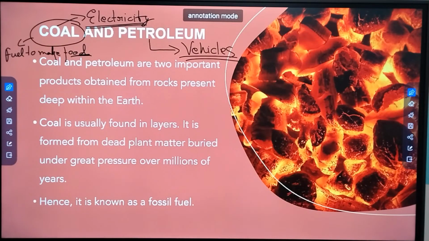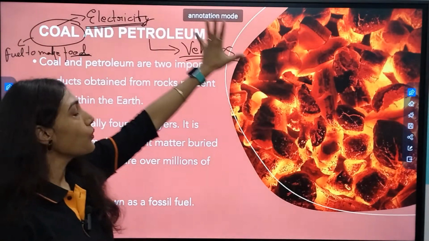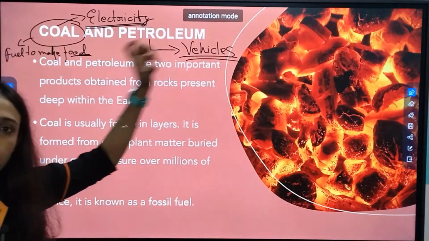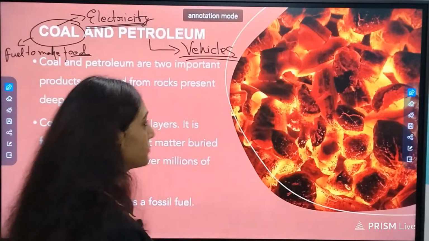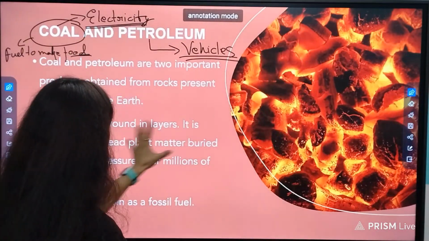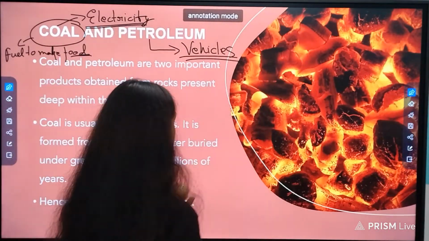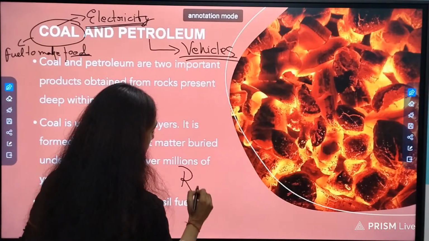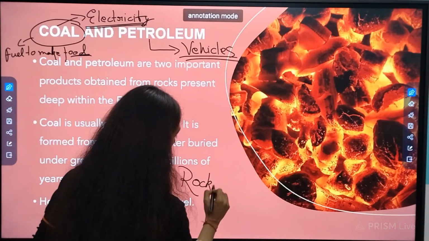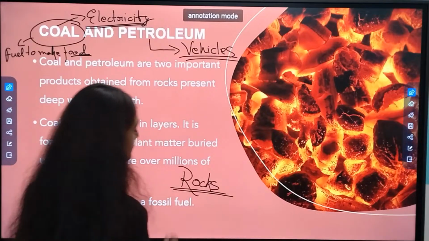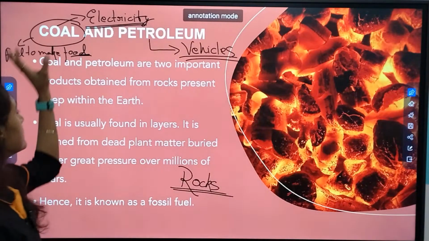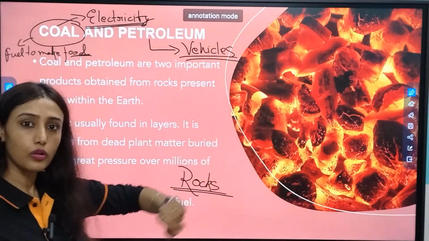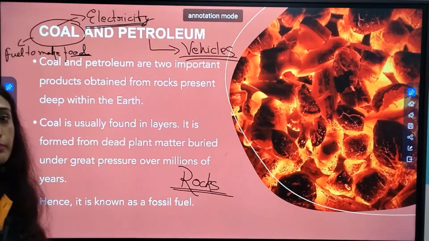Okay, so from where do this coal and petroleum come? From the video itself, you have understood how these are being formed. These things come from rocks. Mostly the way the sedimentation process occurs, this coal and petroleum is also formed in the same process.